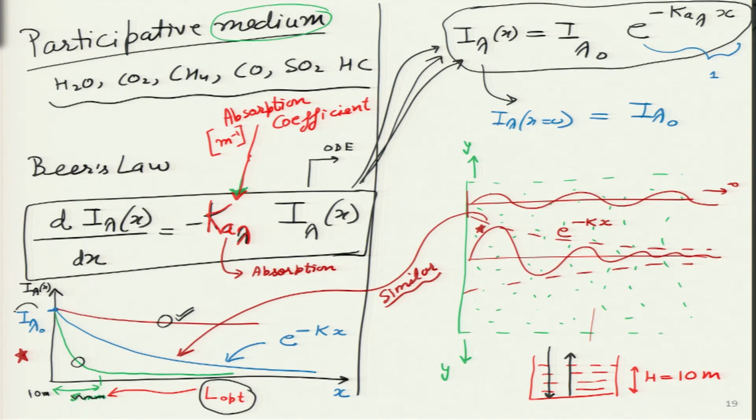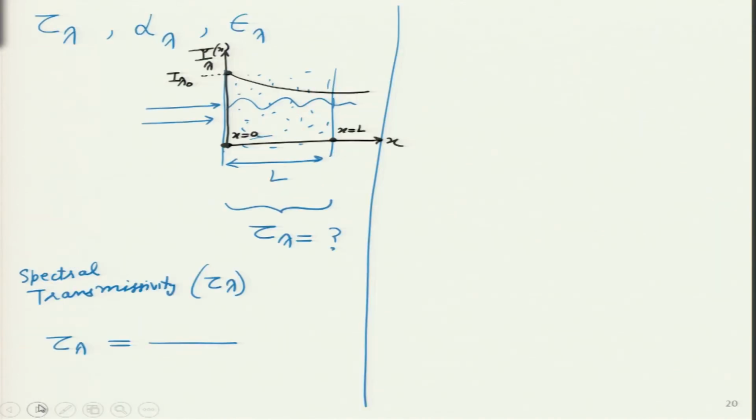You remember this one, I lambda naught. This is the initial spectral intensity at x equals 0 before the light has hit this particular material. What is the value of intensity over here? Let me define it as I lambda L. Now, I can define the spectral transmissivity as simply depending on this particular ratio.